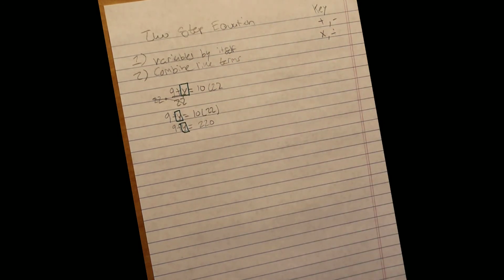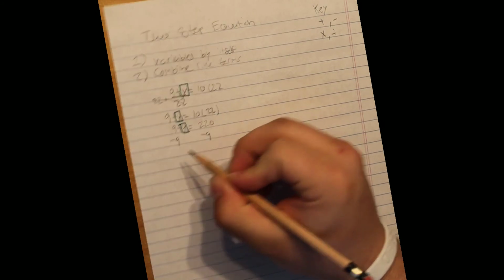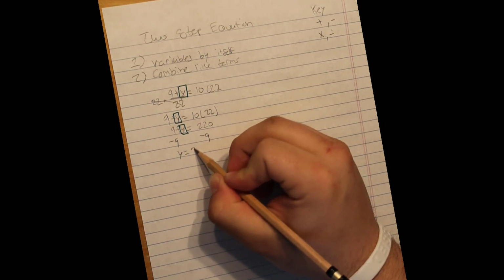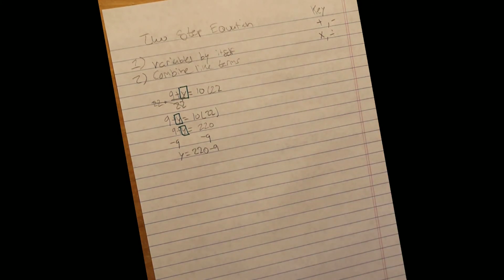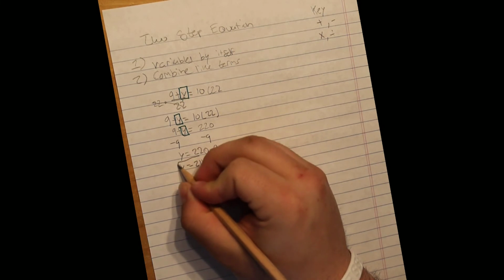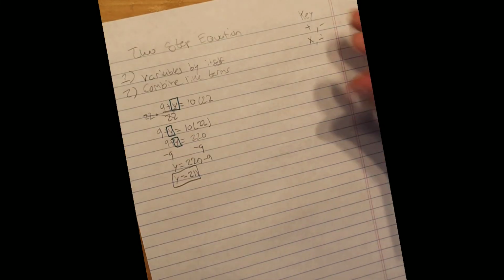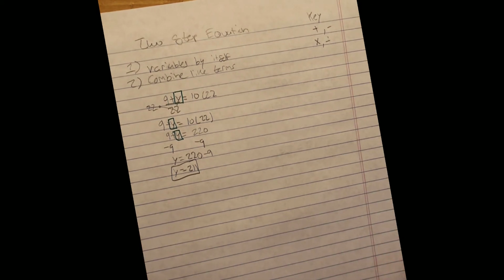So the opposite of positive 9 is negative 9. Negative 9, negative 9. y equals 220 minus 9. y equals 211. That is our completed example problem. Let's do another one.